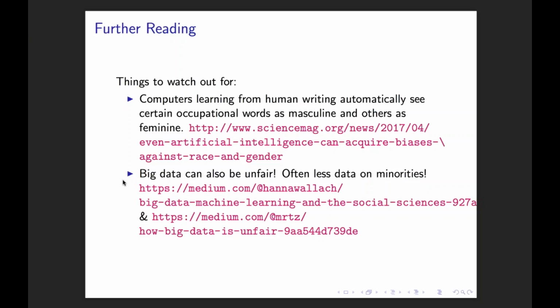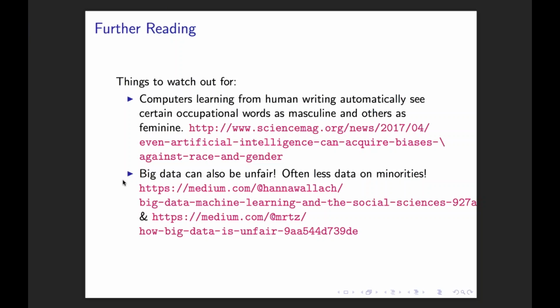In addition, it's also important to think about what kinds of population it is that you're trying to make inferences about. So just because you have a lot of data doesn't necessarily mean that you have good data on minorities.